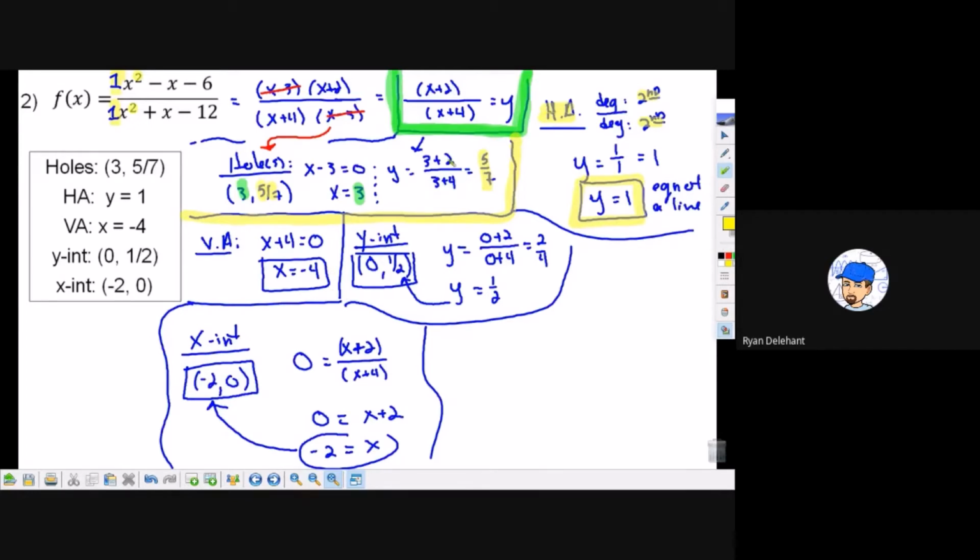Vertical asymptotes. You've got to go back to this thing that we had in green after we factored. Vertical asymptote said to take the expression on the bottom, which is x plus 4, and set it equal to 0 and solve. So x plus 4 equals 0. If I want to solve for x, minus 4 from both sides.